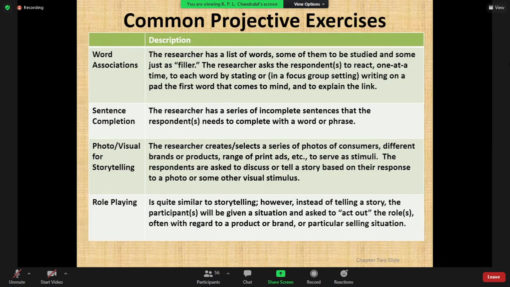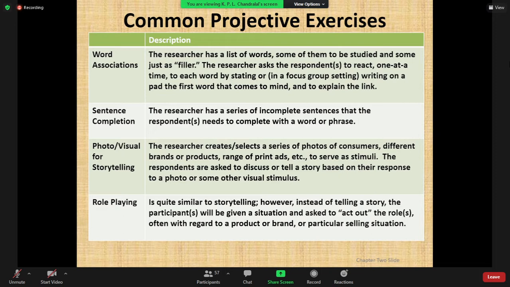You leave the remaining part to be completed by the participant. Or you can ask, when your friend selects a spa, what factors may hinder his decision? You do not ask a question. You give a part of the sentence. You give the remaining part blank. So the person completes the remaining part, maybe referring to a third party.